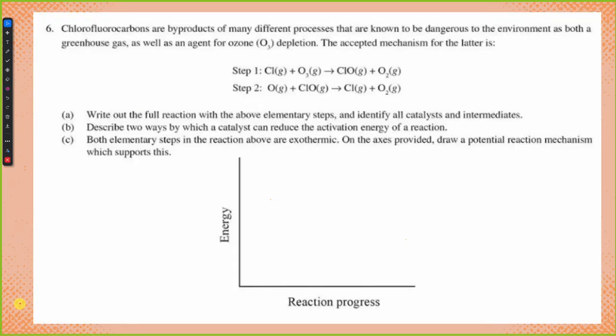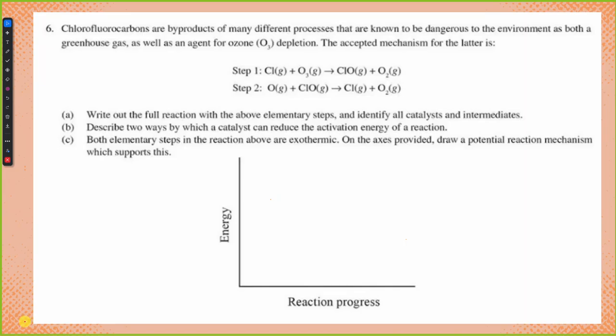All right. So here, chlorofluorocarbons are byproducts of many different processes that are known to be dangerous to the environment as both a greenhouse gas as well as an agent for ozone depletion. The accepted mechanism: write out the full reaction with the above elementary steps.